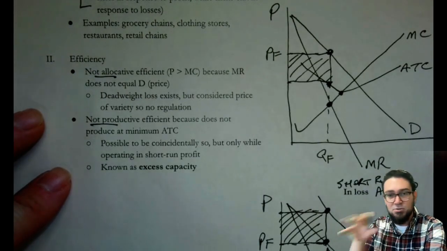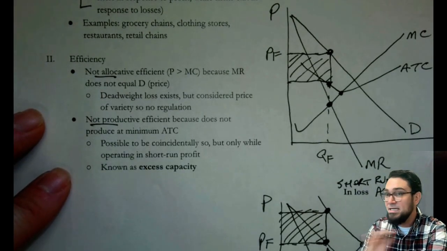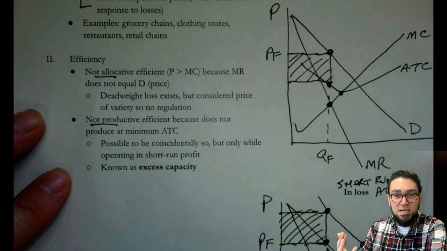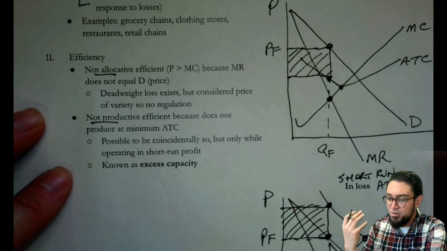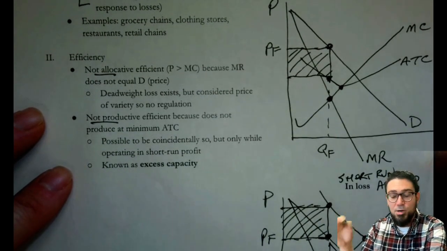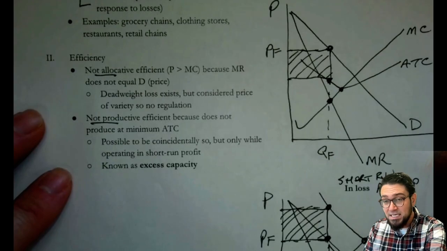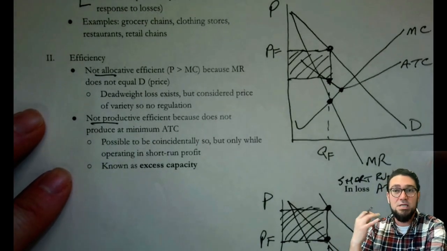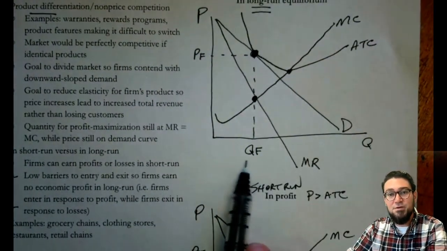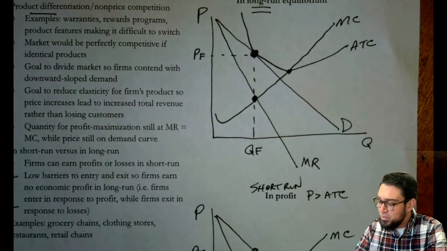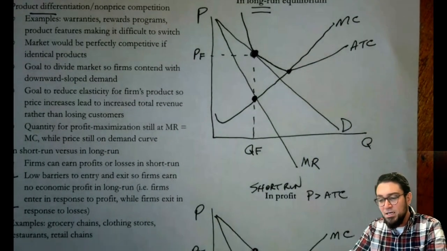Think of the size of the restaurant. 99% of the time, or 90% of the time, a restaurant's going to have extra tables. They're going to have excess capacity. You think about a retail store like Target or Walmart, they're almost always going to have extra capacity, maybe extra carts, extra checkout lanes. There's going to be a little bit extra here where we could be at a lower average cost, but we're profit maximizing at that lower amount. So it is something that you can kind of check out here and see.